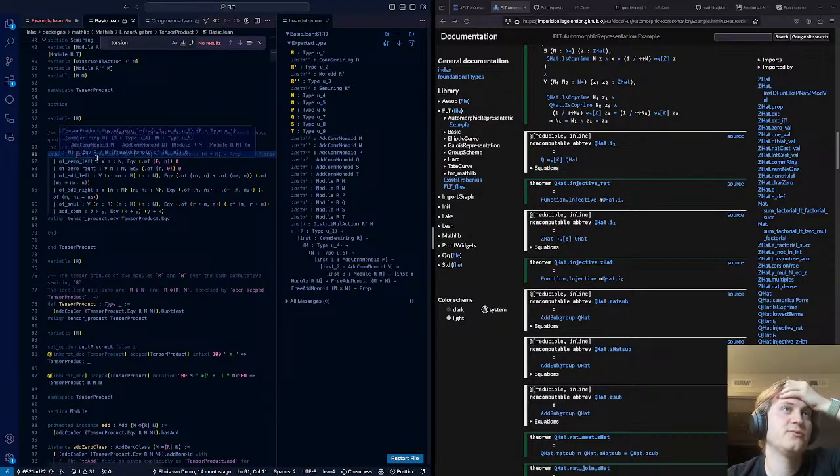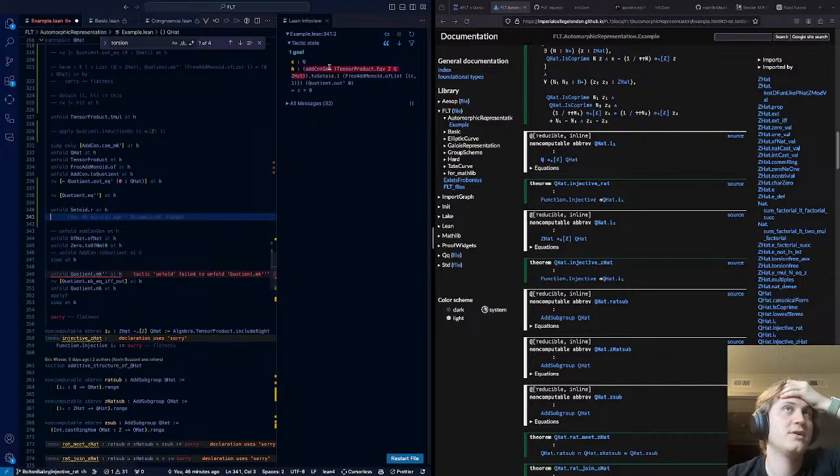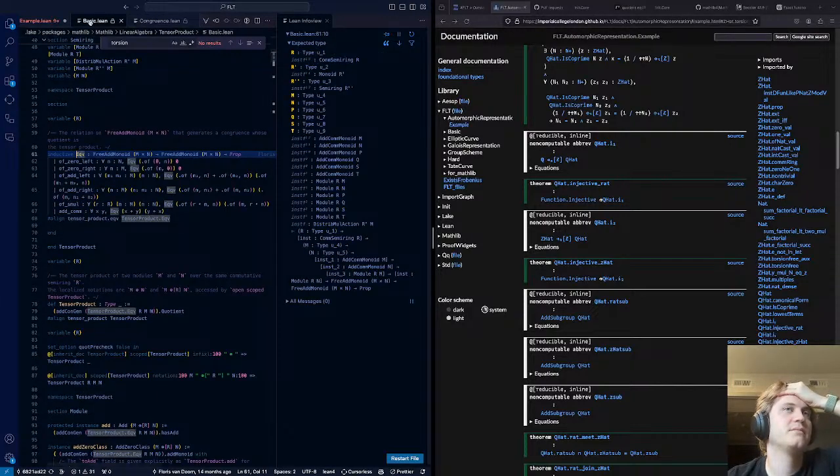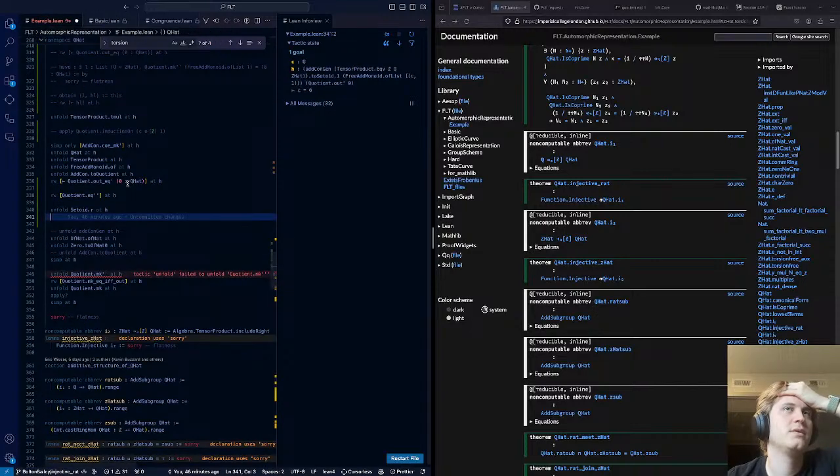The equivalence relation is this inductively defined relation. The AddConGen extends that relation with some more closure operations, also defined inductively. So in some sense, we just have a big closure.